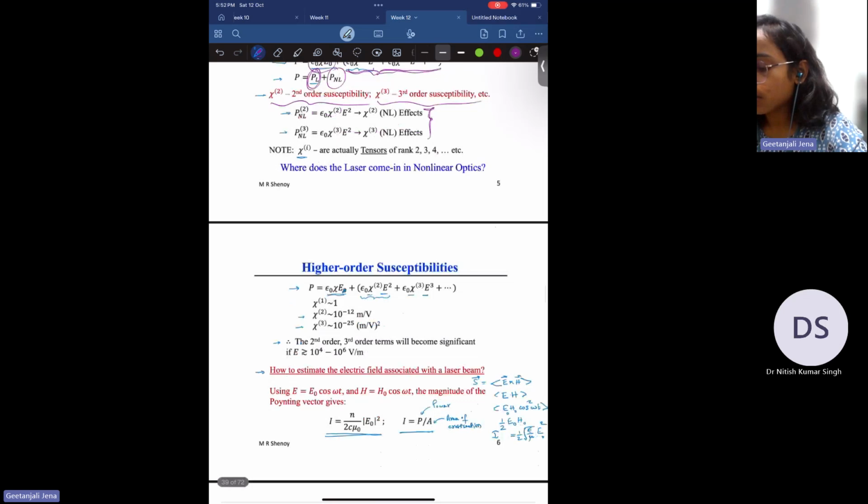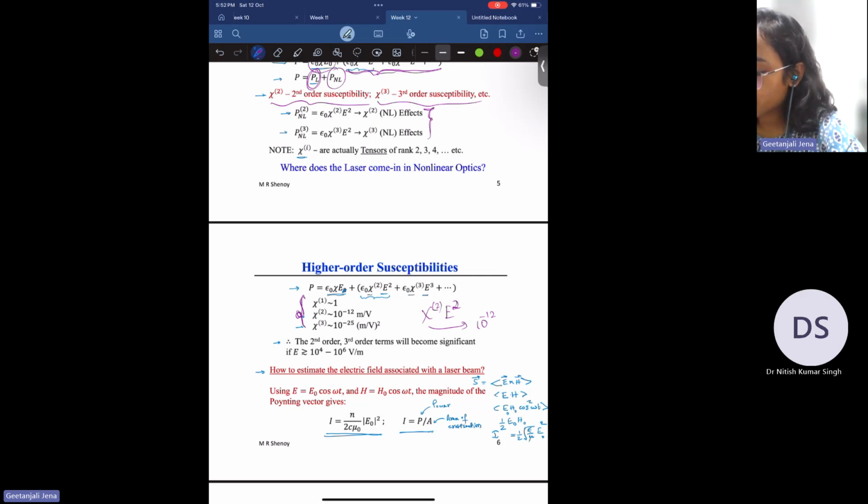So let us see what the amplitude of the electric field should be so that we can see a nonlinear effect. These are some typical values that we have. Chi1 is on the order of 1. Chi2 is on the order of 10 to the minus 12 meter per volt, and chi3 is on the order of 10 to the minus 25. And the second order term, chi2, is multiplied by a factor E square, and chi2 is on the order of 10 to the minus 12.